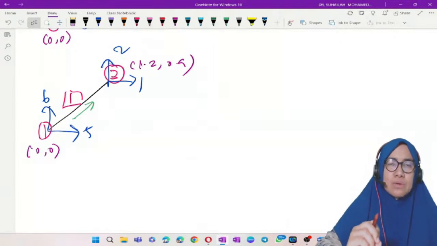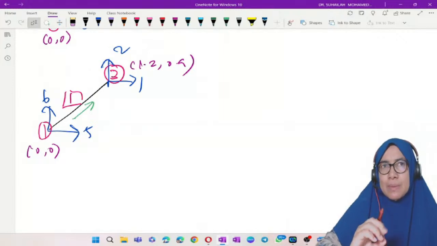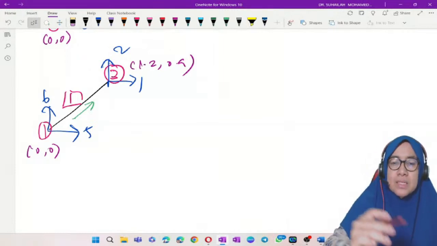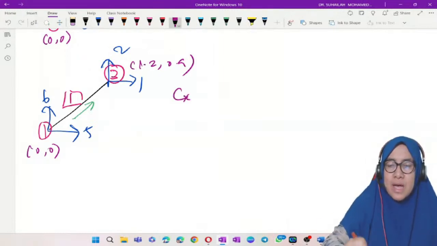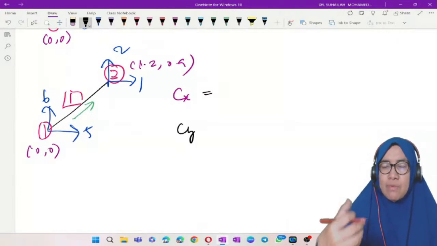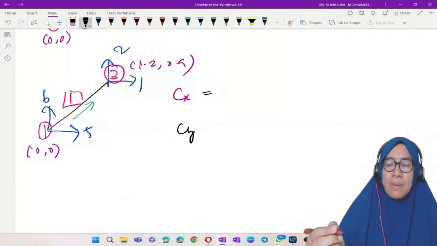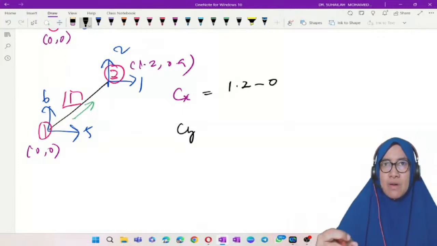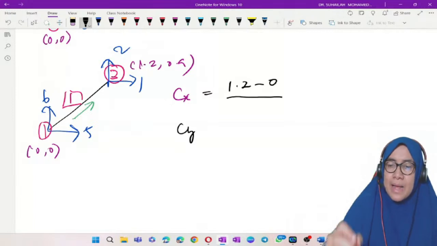From the free body diagram for element number 1, we should start with calculating Cx and Cy. For Cx, we use the coordinate x value, far minus near. Far is 1.2, far minus 0, divide by length.